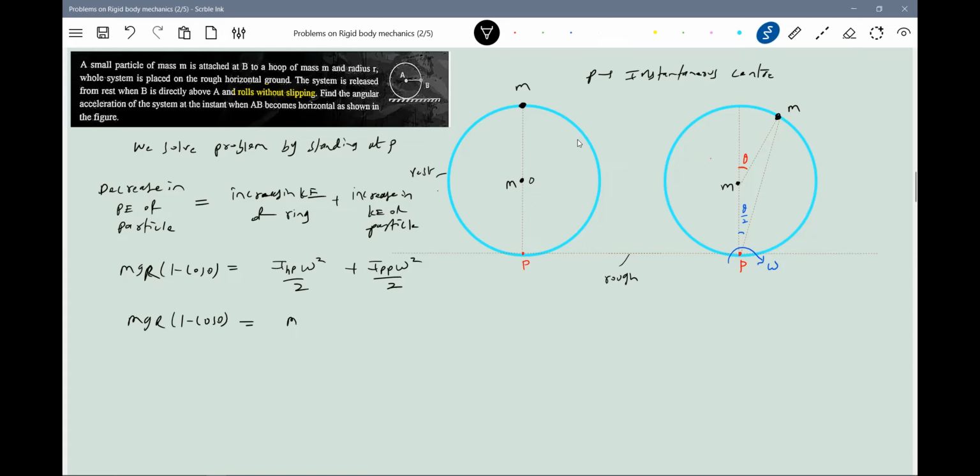What is the moment of inertia of the ring about O? It is mr square, I_O. For your benefit, I'm expanding this. For the particle, what is the distance? This distance will be 2r cos theta by 2. So directly it is omega square by 2 times m into 2r cos theta by 2, squared. The square is only for this one.